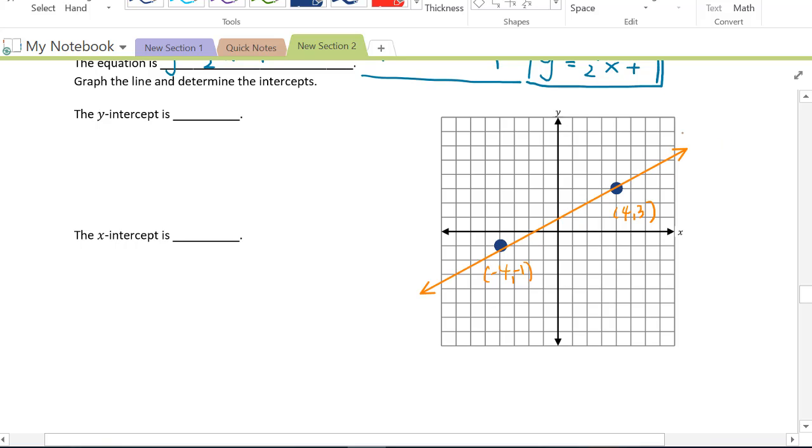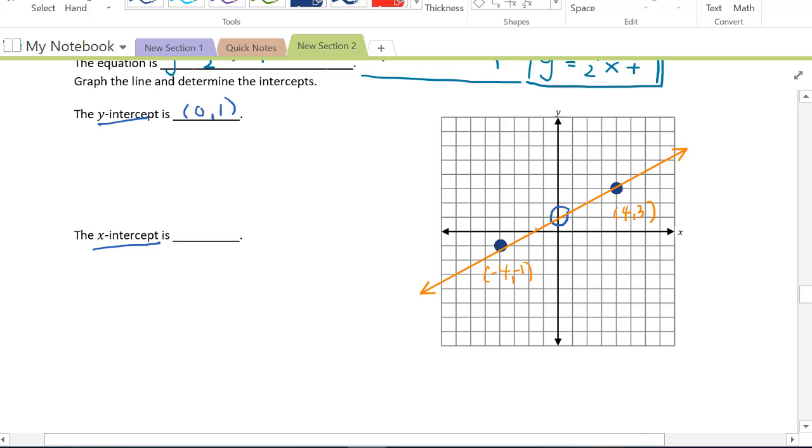Okay, now they want us to find the y-intercept and the x-intercept. So remember, what are the x and y-intercepts? The y-intercept is where your graph crosses the y-axis. Where does my graph cross the y-axis? It crosses the y-axis right here. What's that coordinate? That guy is 0, 1. Now, what's my x-intercept? So it looks like it's right here, but you see how my line is a little bit off?